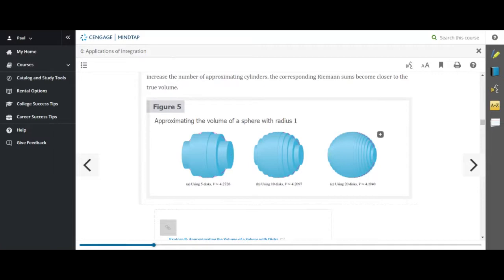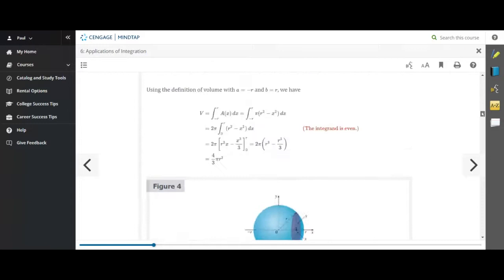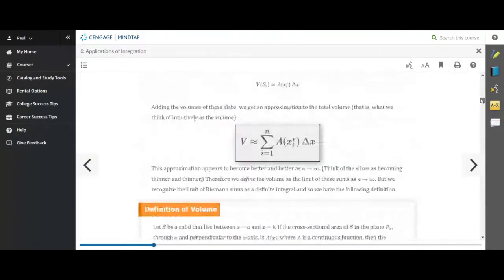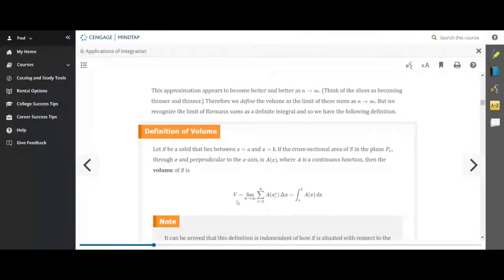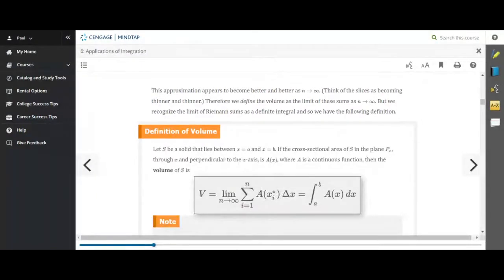And you can see the more discs you use, the more slices you use, the better the approximation is going to be to the volume. So there's no question that if we take this volume and we let n go to infinity, we're going to have a formula for the actual volume.